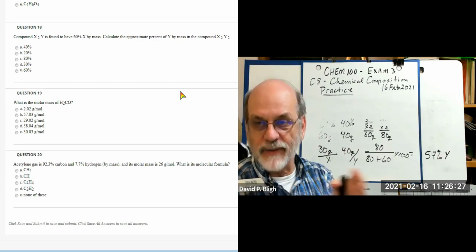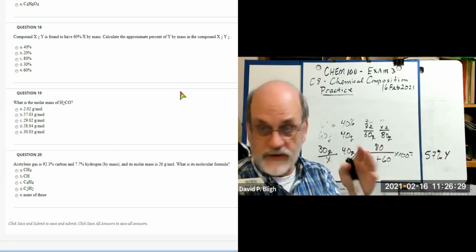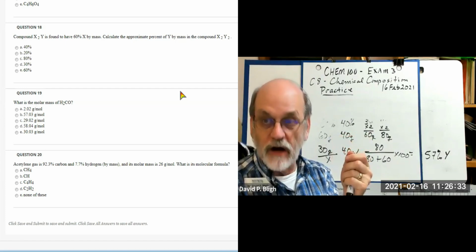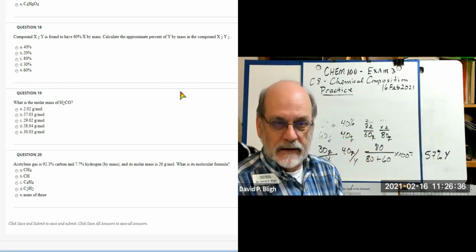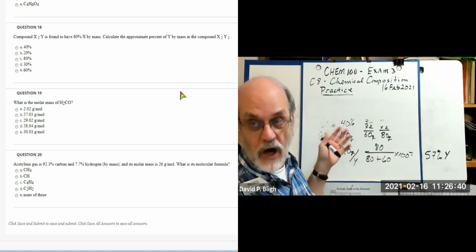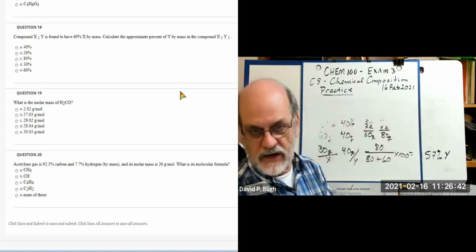And for each compound, the mass ratio was always the same, right? Definite proportions, the law of. So they would have been quite familiar and comfortable doing this type of calculation.